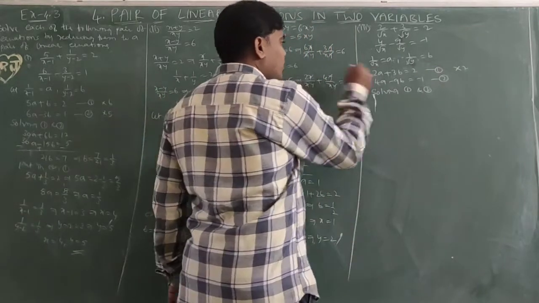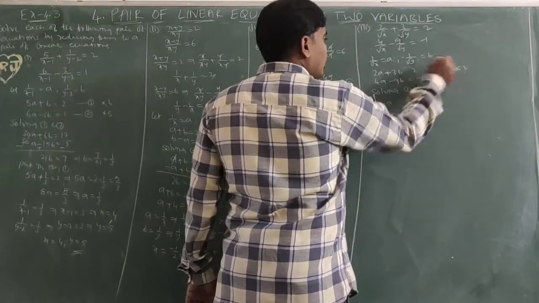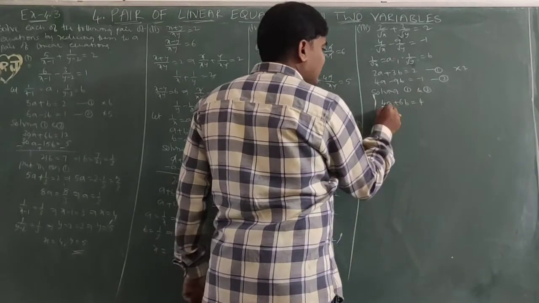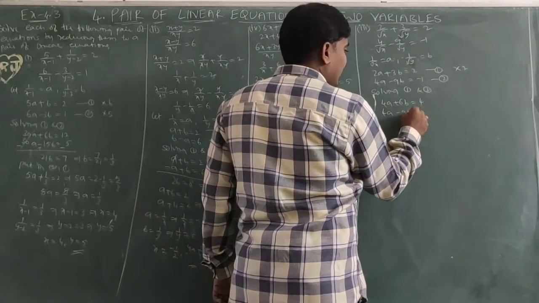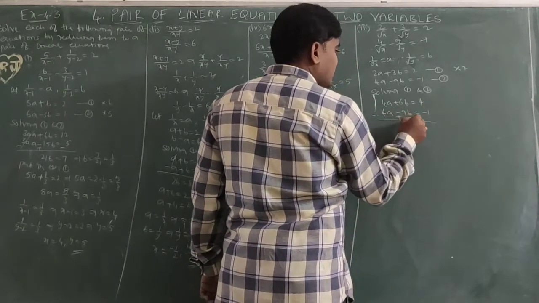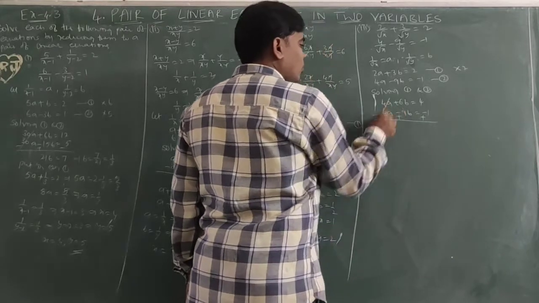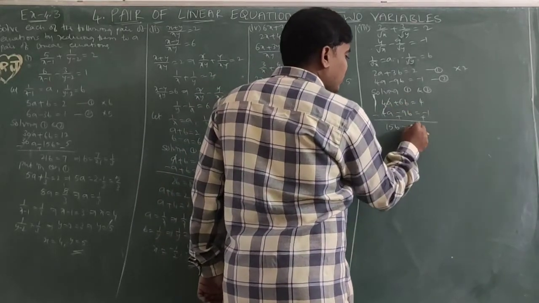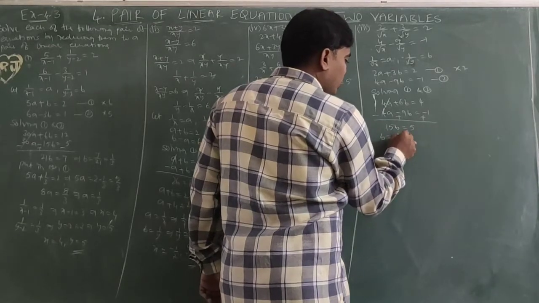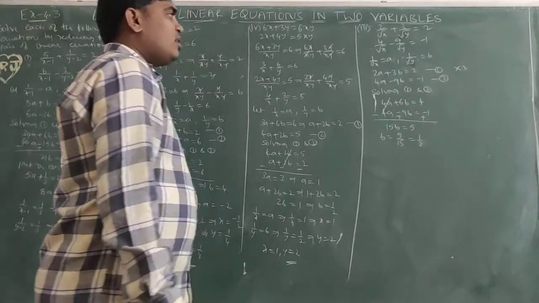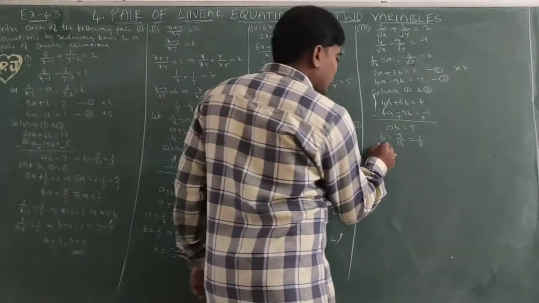So 2 into 2a is 4a, 2 into 3 is 6b, 2 into 2 is 4. The other one is 4a minus 9b equal to minus 1. Subtract: 4a cancels, 6b plus 9b is 15b, 4 plus 1 is 5. b equal to 5 by 15, which is 1 by 3. So put it in equation 1.